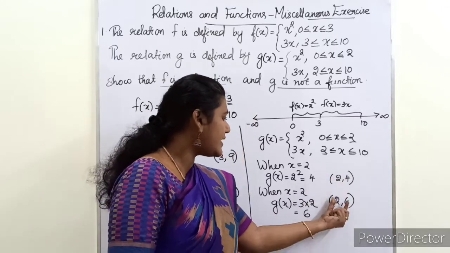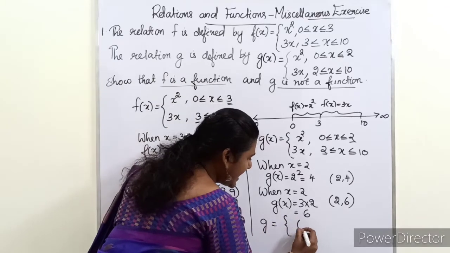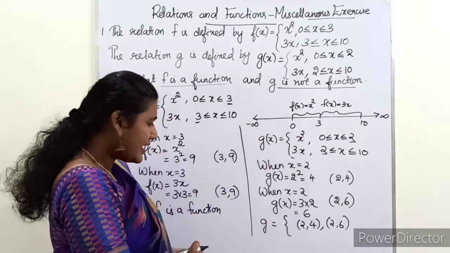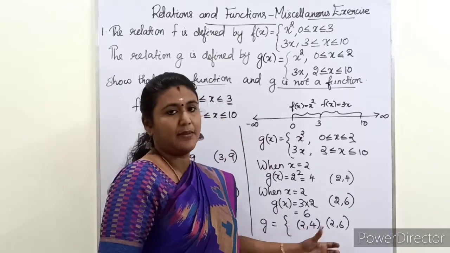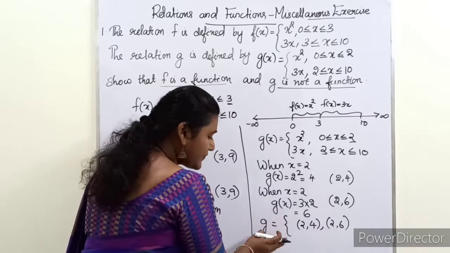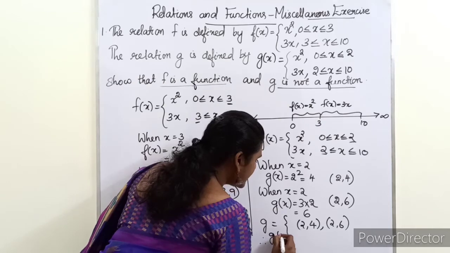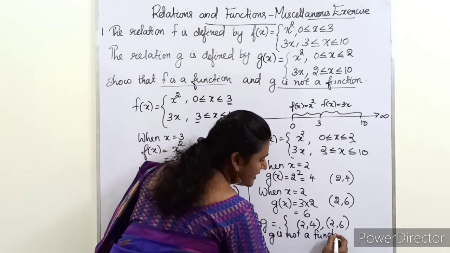The relation has these two elements, (2, 6) and (2, 4). Two ordered pairs have the same first element, so it does not satisfy the definition of a function. Therefore g is not a function.